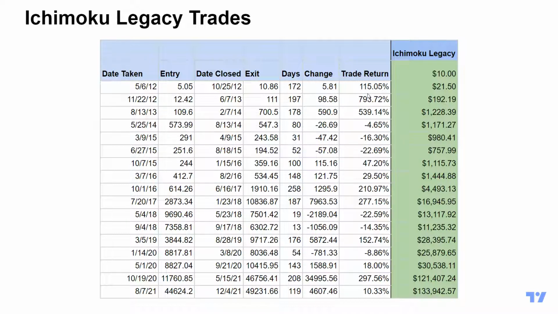These are all in dollars, by the way, and the return. And you can see over the last 10 years, this is what it has basically returned. Your $10 invested on May the 6th, 2012 would now be worth $133,000. Pretty good return.